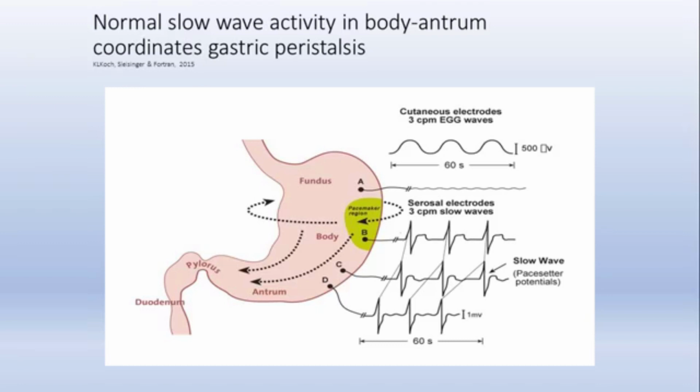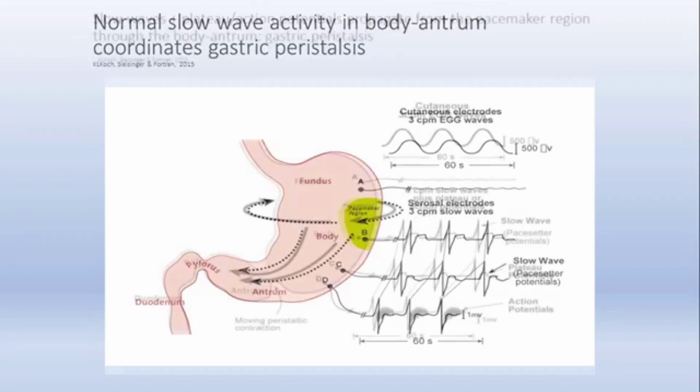And we've been interested for years in measuring those electrical waves. They're called electrogastrograms, and electrogastrograms are the gastric myoelectrical activity recorded from the surface electrodes, much like an EKG looks at electrical activity from the heart.